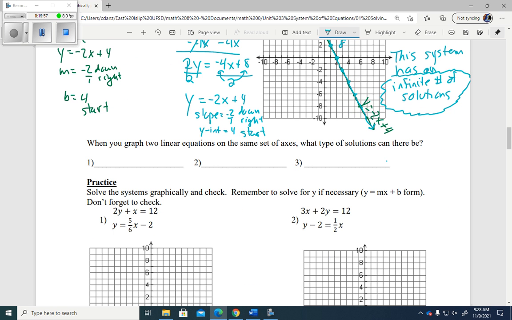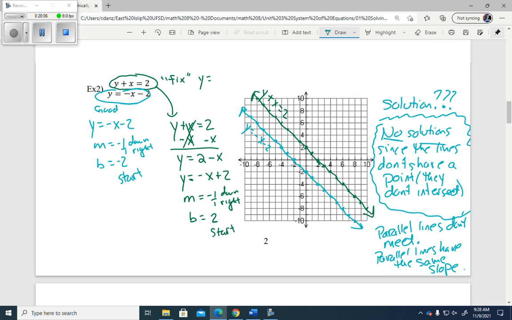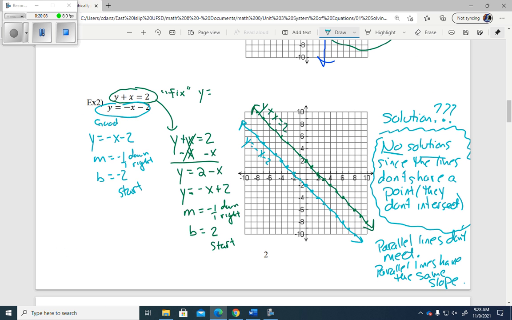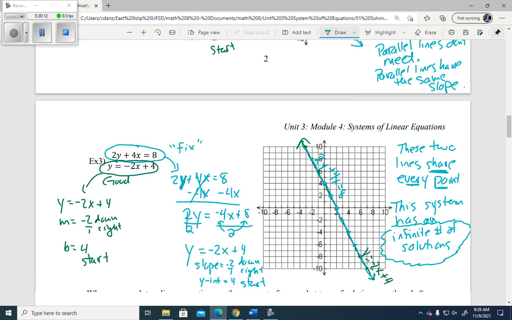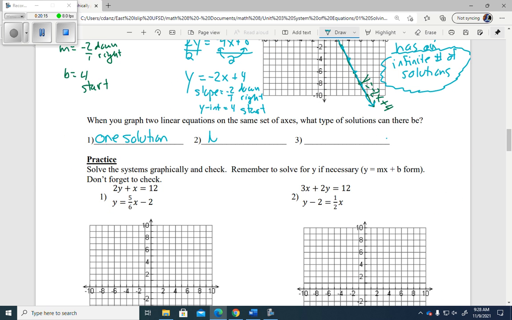So there can be one solution. The second kind of solution is what example 2 showed. Parallel lines. What did we say about the solution? Oh, we said that there's no solution. And that's because they didn't share any points.